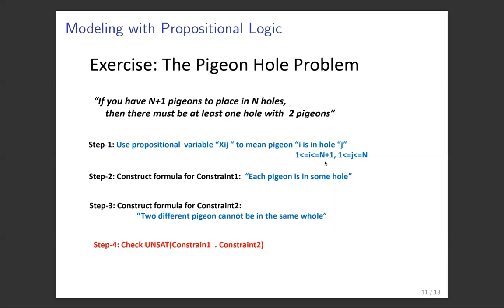The other measure is the number of constraints, specifically the number of clauses in the CNF notation. So these are the two things.